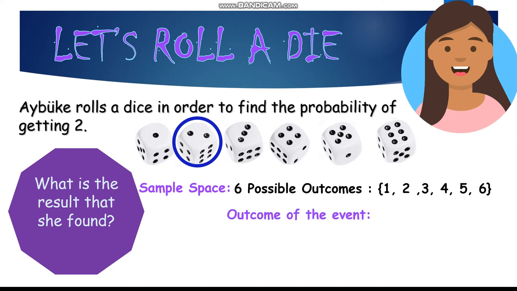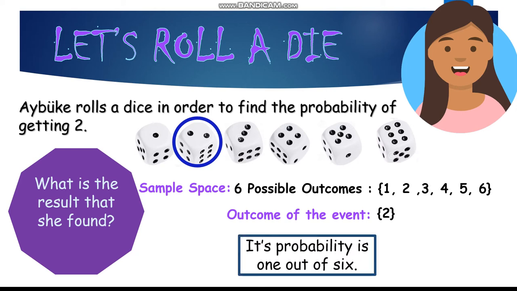Now we are talking about the outcome of the event, which is getting 2, so which includes only 2. If we think about its probability, it is 1 out of 6, so we can write it like 1 over 6. So the probability of getting 2 is equal to 1 over 6.